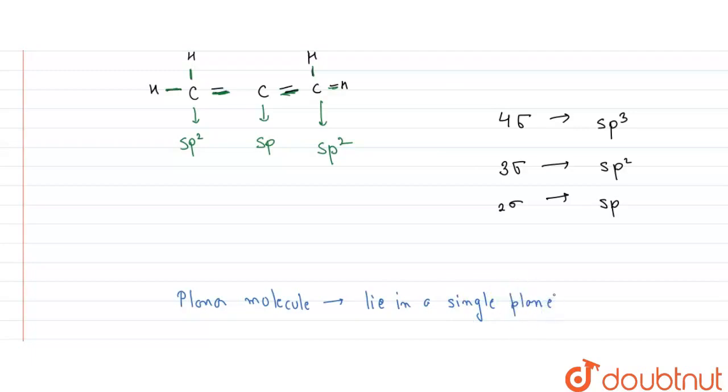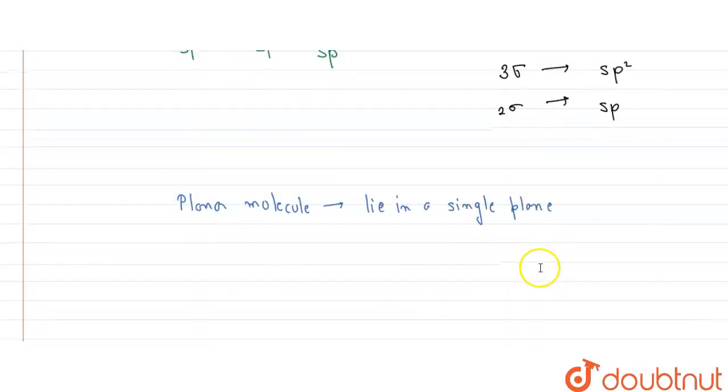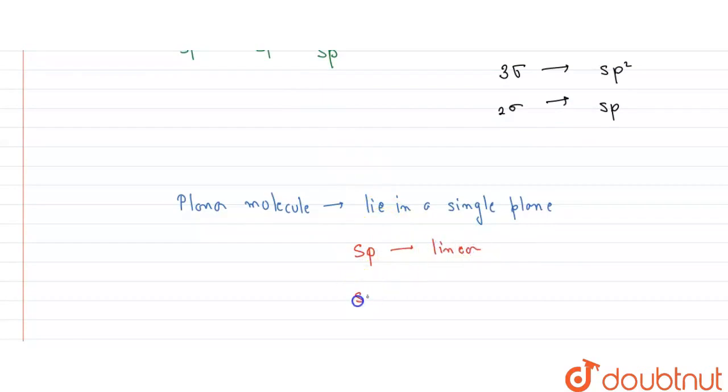So we know that when basically a carbon compound has hybridization sp and sp2, then it is planar. How? Because we know that the shape of sp is linear and sp2 is trigonal planar.